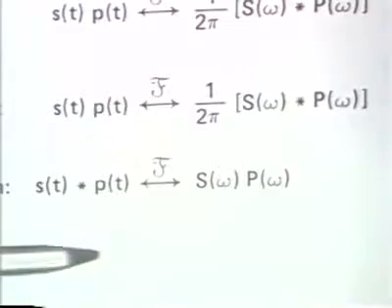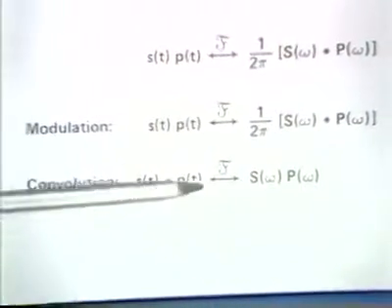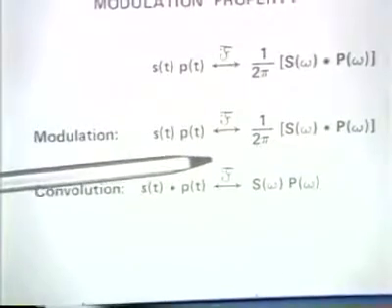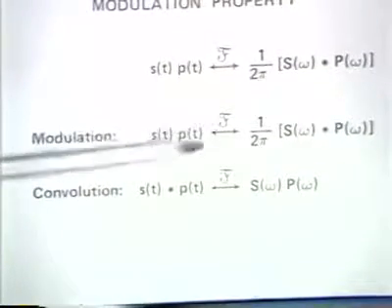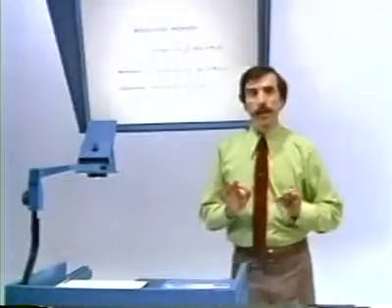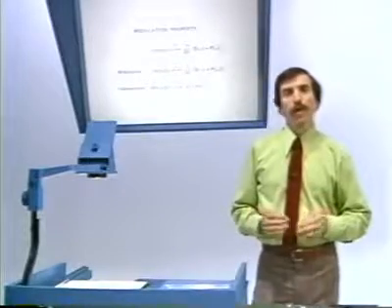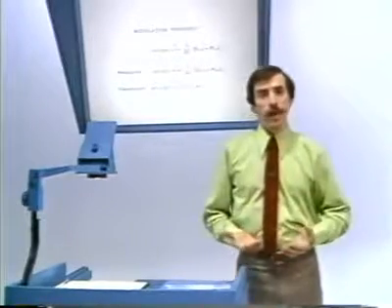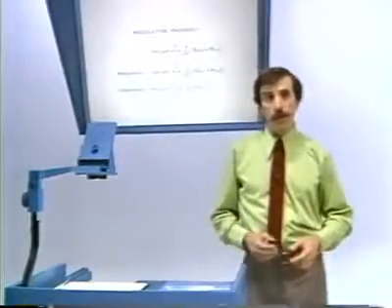The convolution property is the basis, as I indicated, for filtering. The modulation property, as I've summarized it here, in fact is the entire basis for amplitude modulation systems used almost universally in communications.